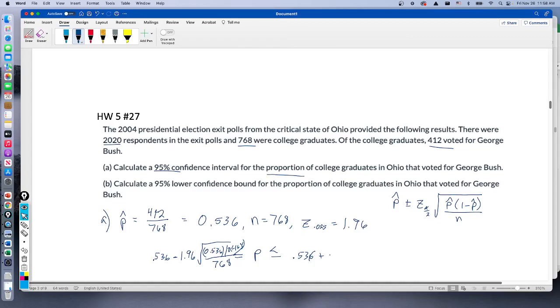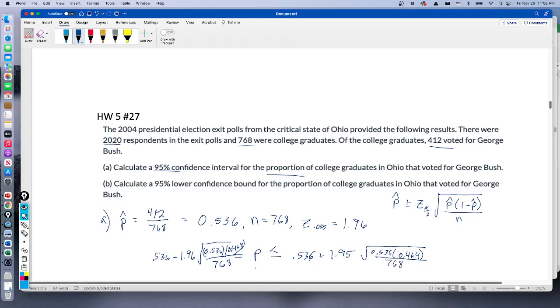Okay, so upper here we got 1.96. We're going to add that. Square root of 0.536 times 1 minus the proportion, which is 0.464, all divided by 768.